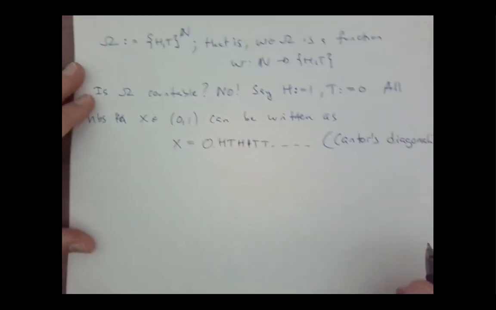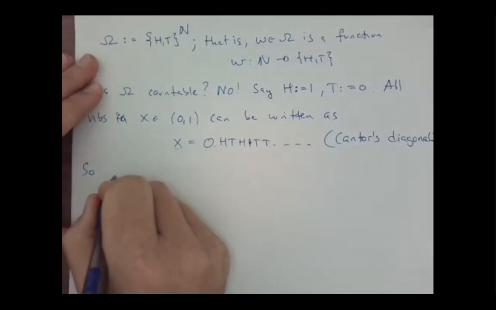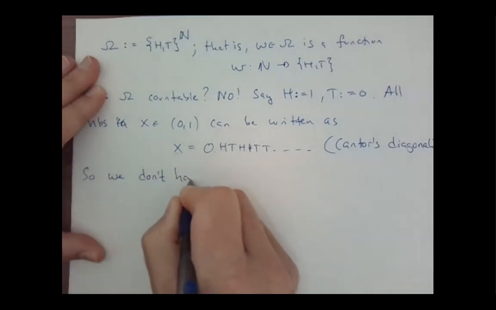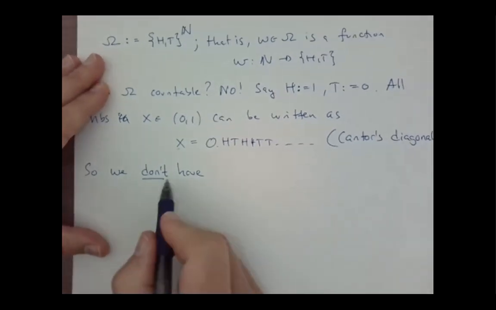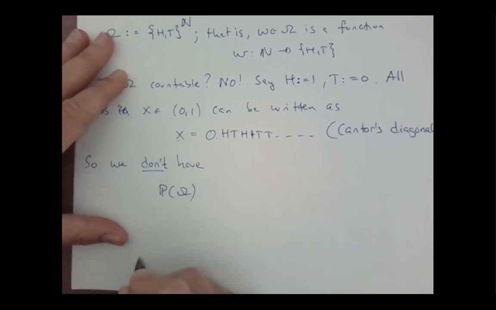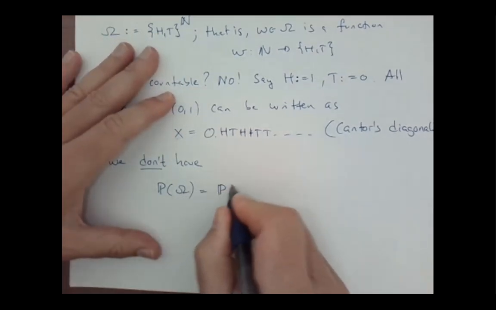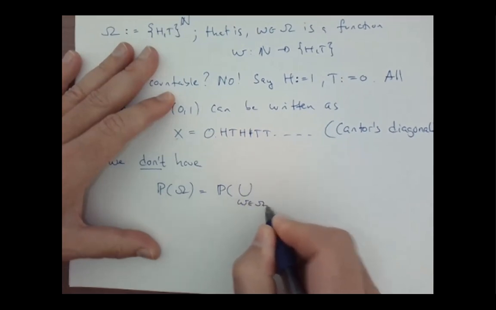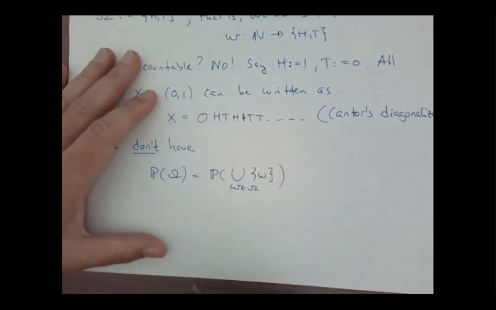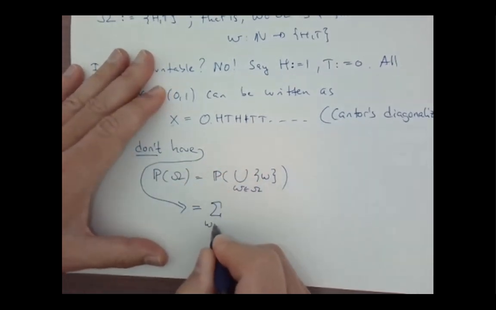And as soon as you have uncountably many elements, we should not expect that P of omega is going to be equal to a sum over its elements, written as a disjoint union.